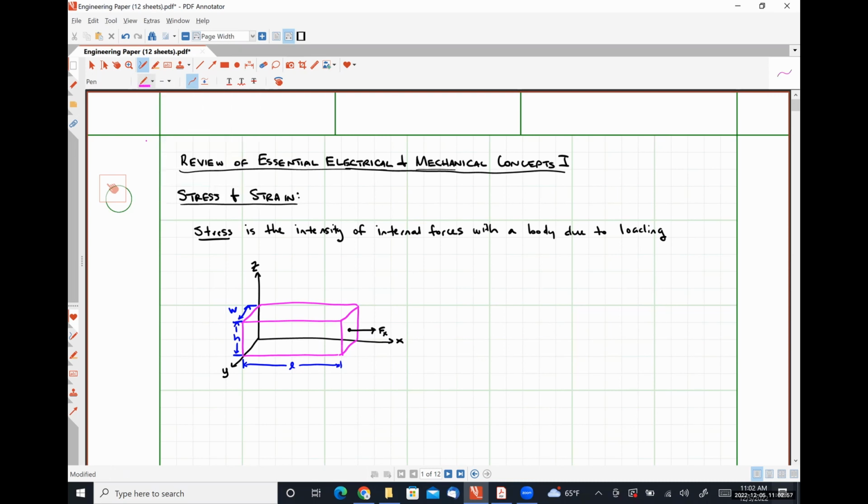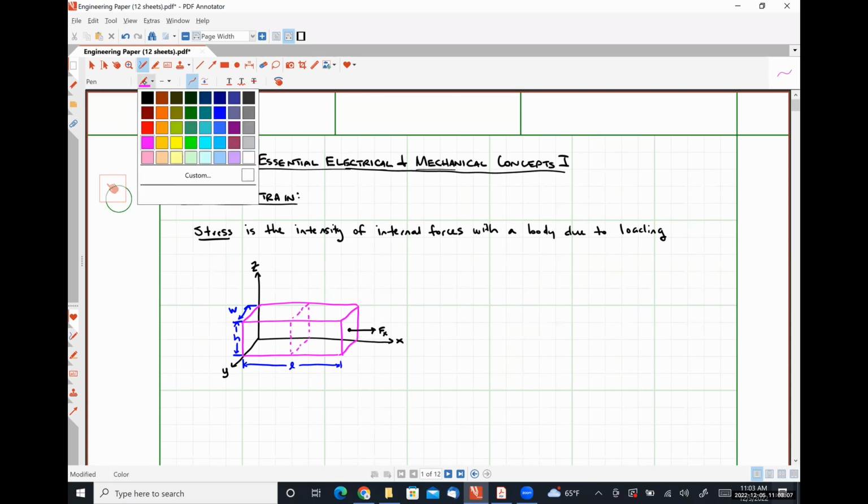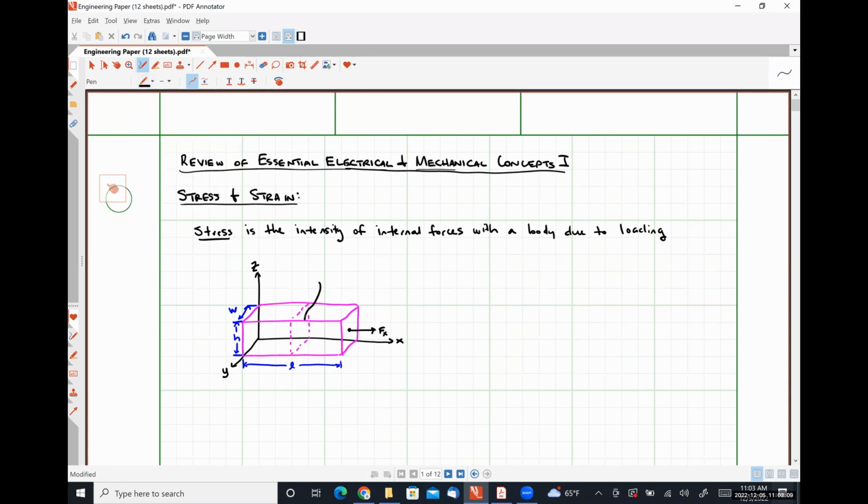Our beam has a cross-sectional area A, we'll talk about this more in a moment, over which the force is applied.